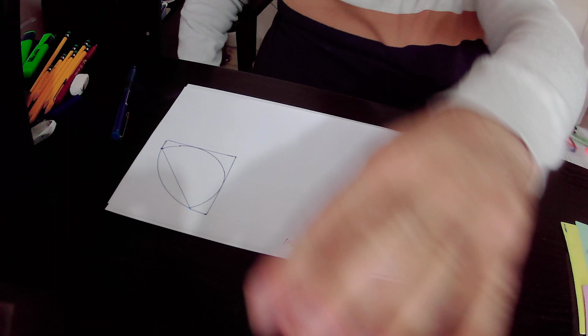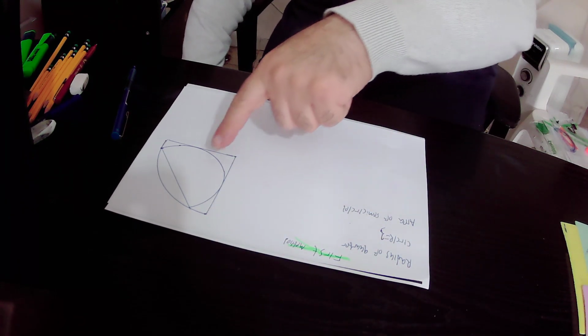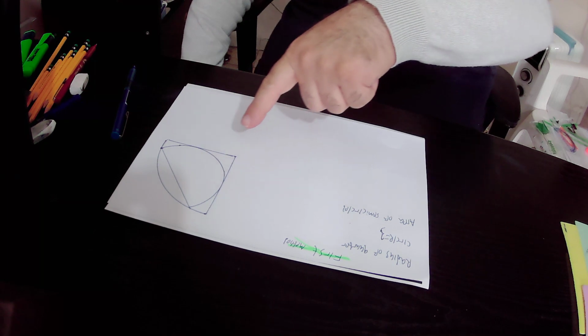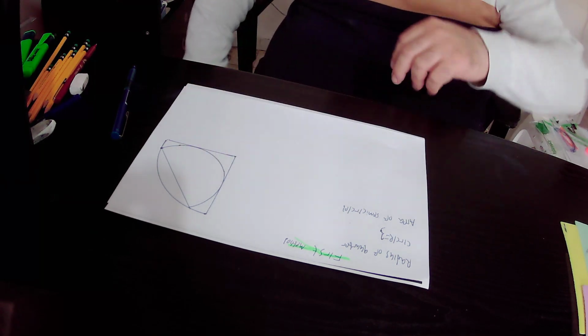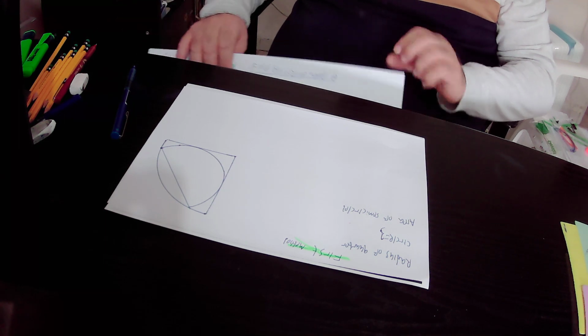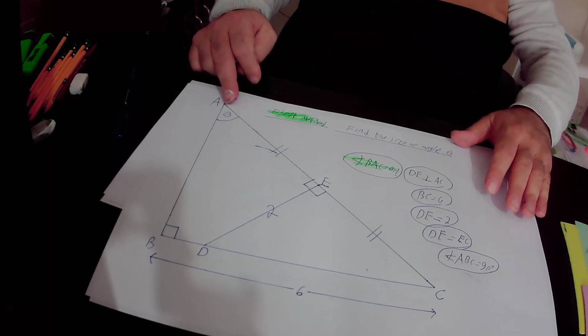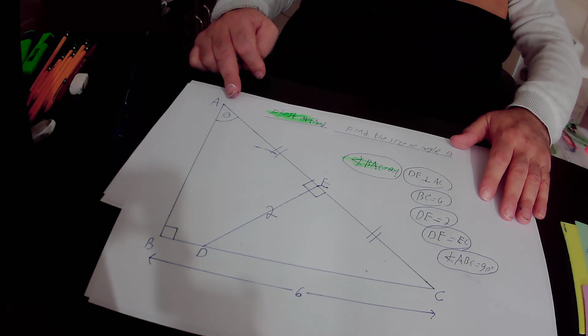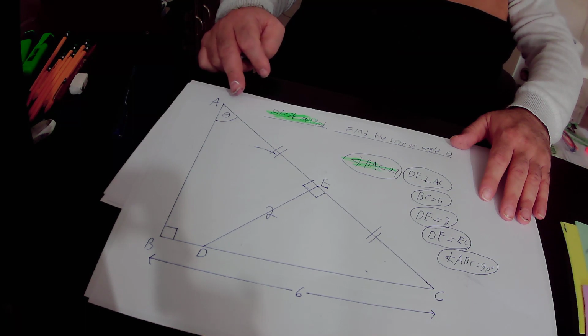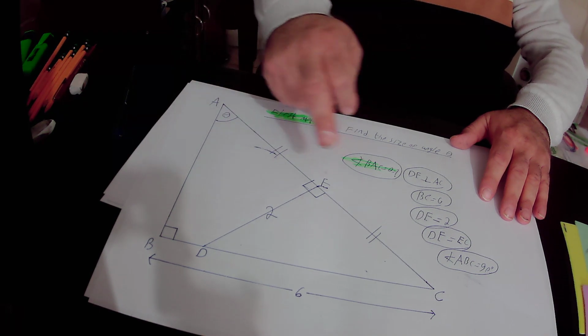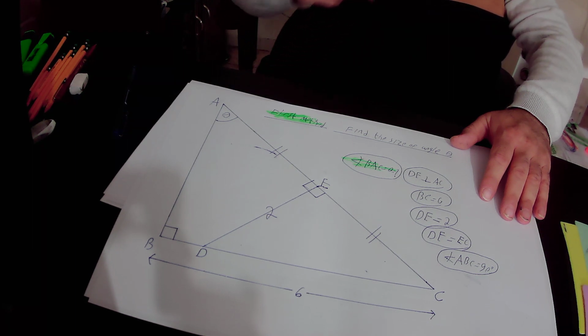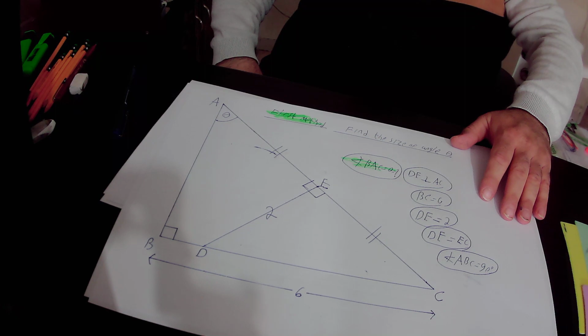The first question is to find out the area of this semicircle that is inscribed inside the quarter circle, and the second question is to find out the size of this angle theta, that is one angle of the right triangle ABC, and we will answer those two questions in two different methods.